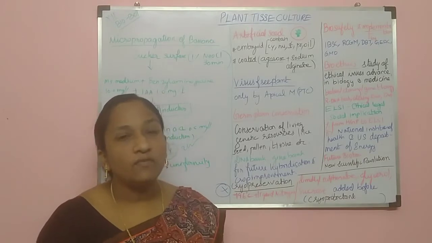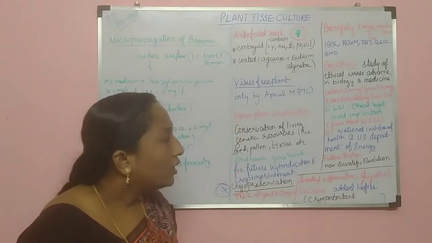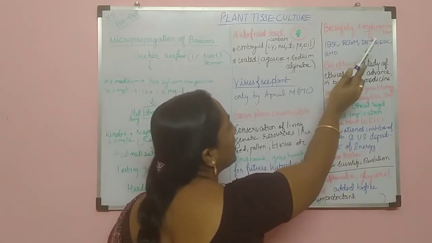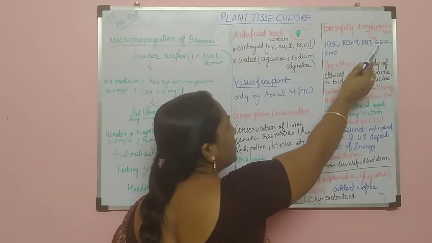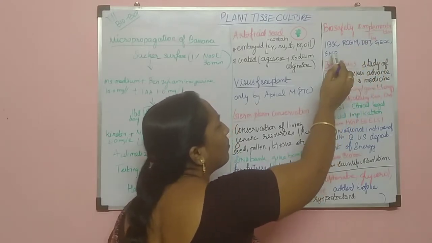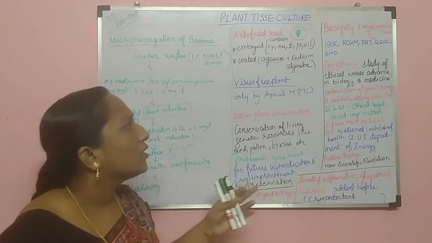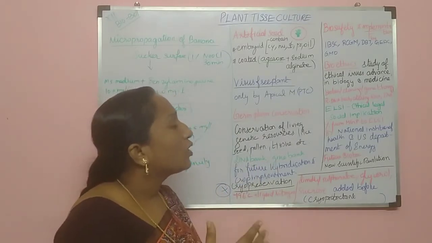This biosafety is controlled by certain organizations that are given here in your book: IBSC, RCGM, the Department of Biotechnology, GEAC, and the organizations for genetically modified organisms, GMO. A lot of other organizations are there, and they control the biosafety.